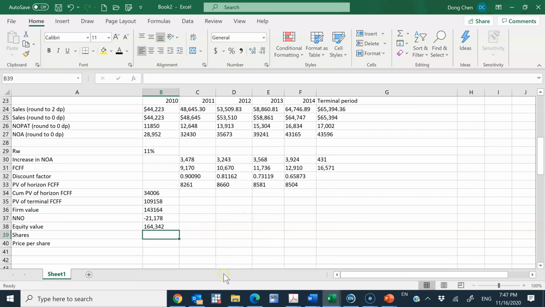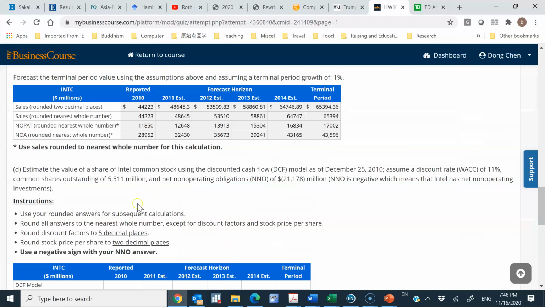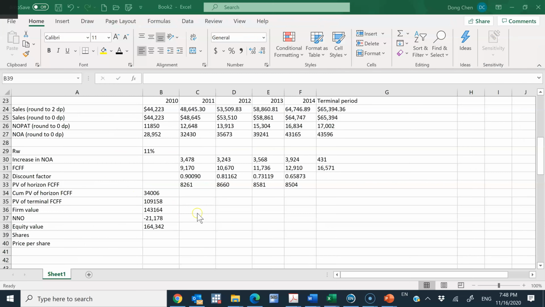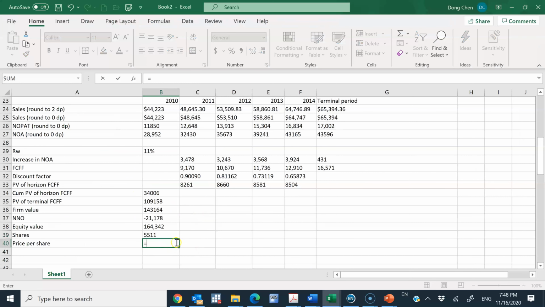Shares is given by 5511. So ultimately, for the price per share, by doing this calculation we have made sure that equity value and shares have matching units, both in millions. Equity value is in millions of dollars, and shares are millions of shares.